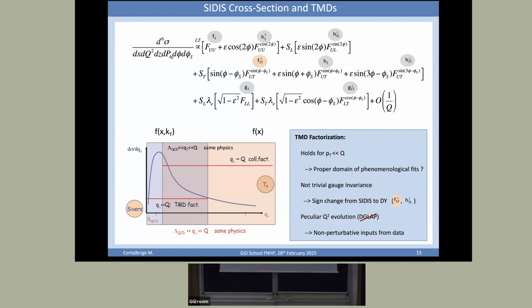This is not proven yet formally. And this is related to the fact that the Q-square evolution is not the standard one you have, that is DGLAP. It's something different, and has inside non-perturbative elements that you can only extract from data. So rich phenomenology, quite complex interpretation. Of course, there is always a price to pay. But from this point of view, there is a lot to be done on the theory side.